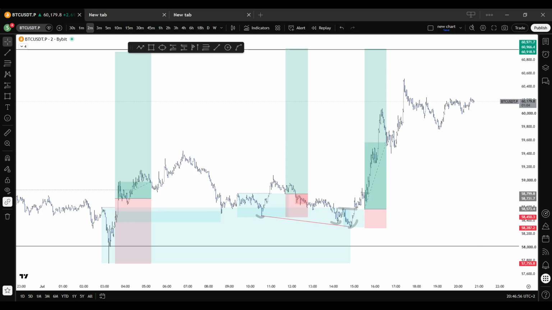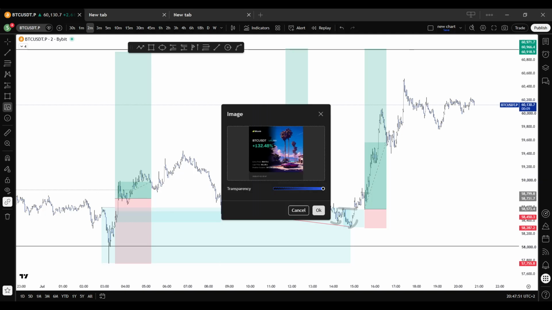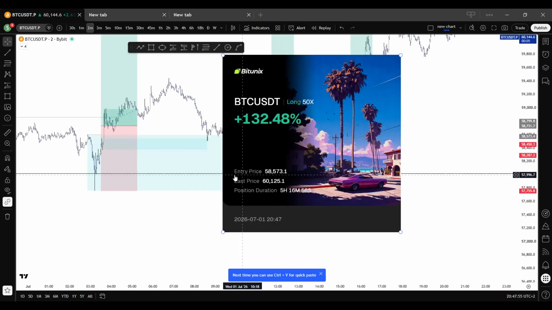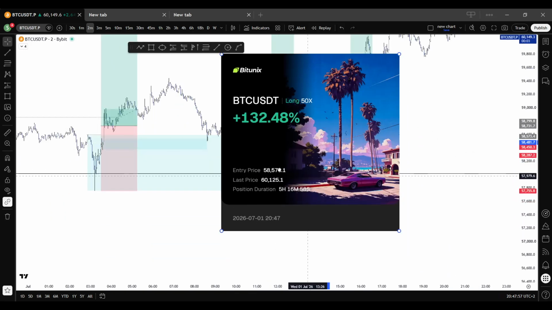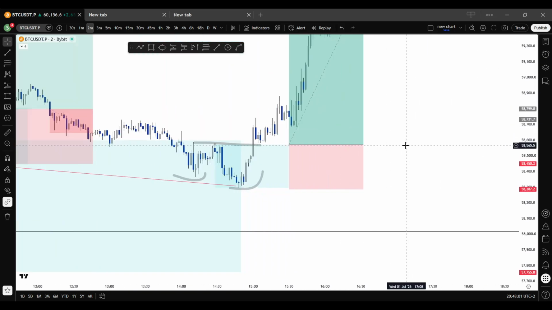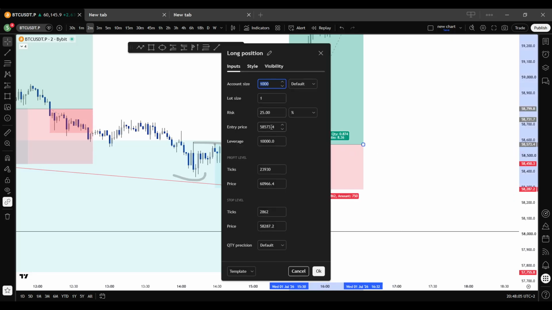I can also go over it quickly. My entry is like 573, and this low was, wait, 573.